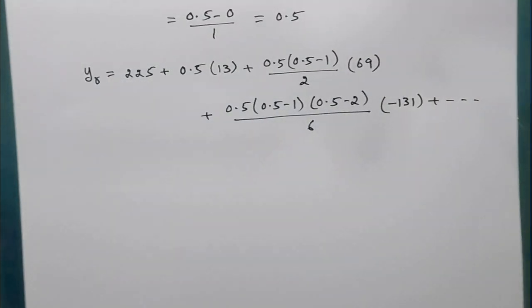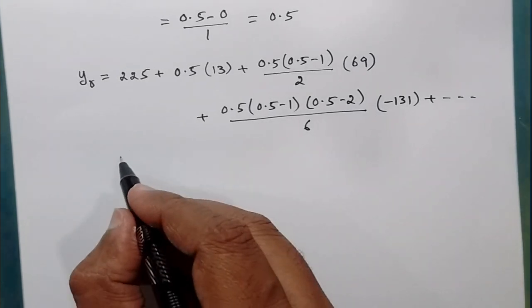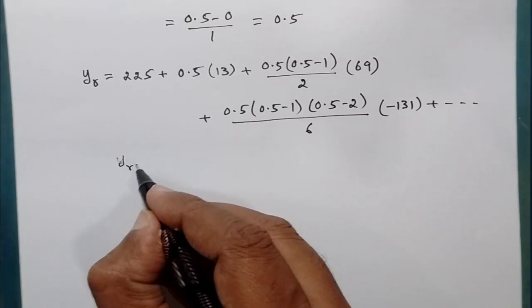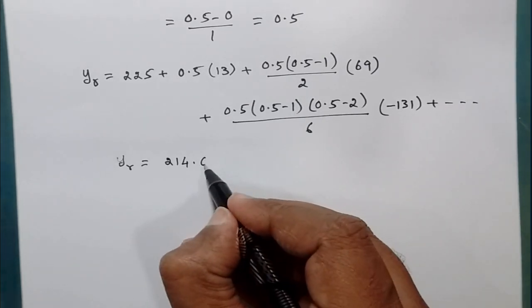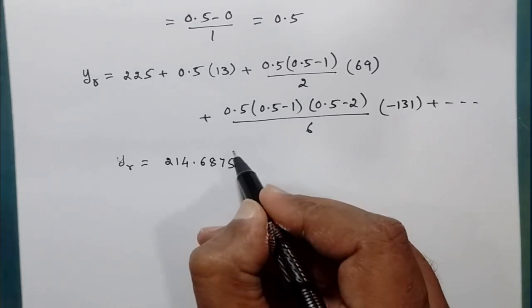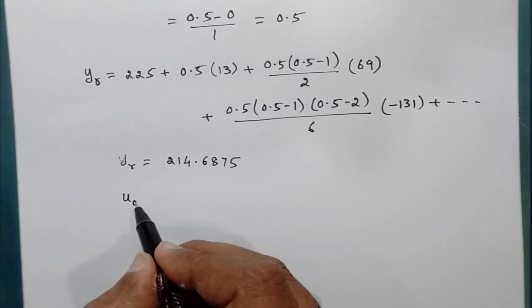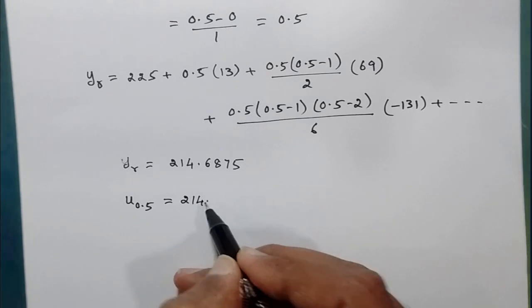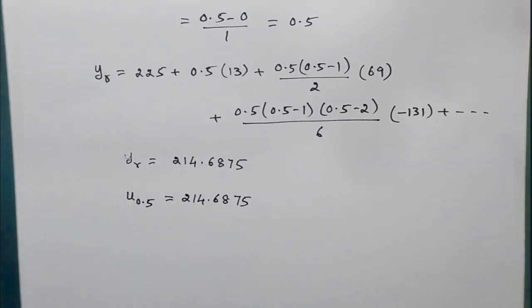Therefore y r is equal to 214.6875. Because we want the value of u of 0.5, we can rewrite this solution as u of 0.5 to be 214.6875. That's the required solution.